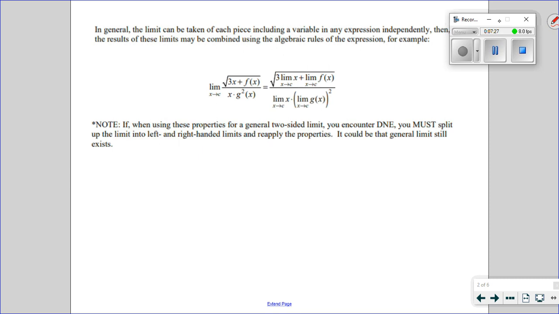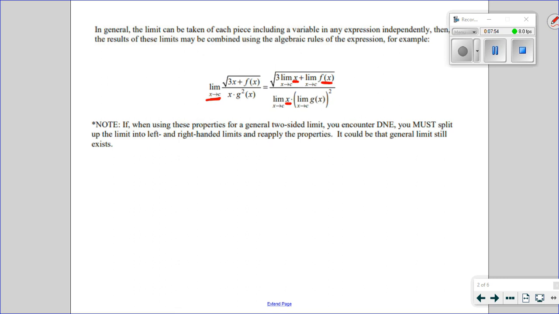Using our limit laws, like we were evaluating the limit as x approaches c of the square root of 3x plus f of x, all divided by x times g of x squared. So using our limit properties, notice that we end up just putting our limit notation in front of any variable, in front of any function.